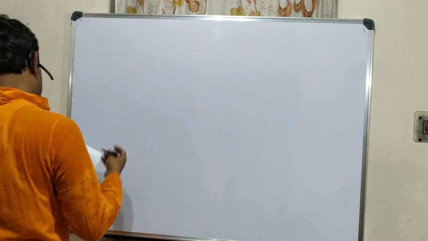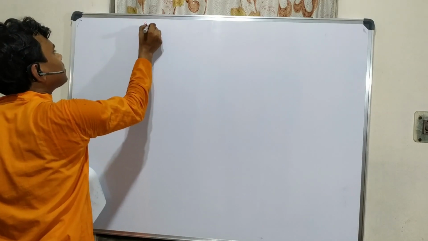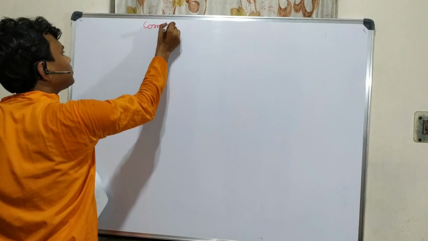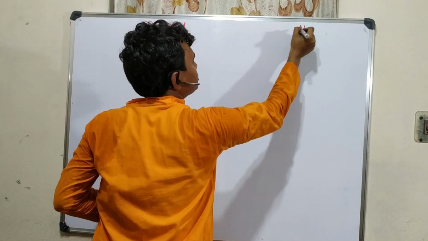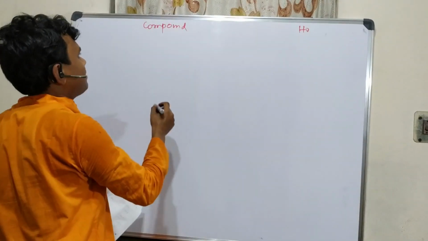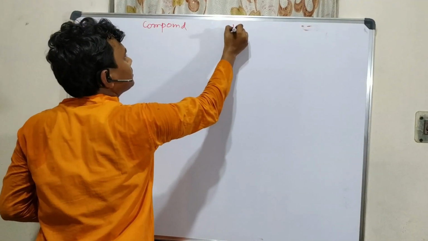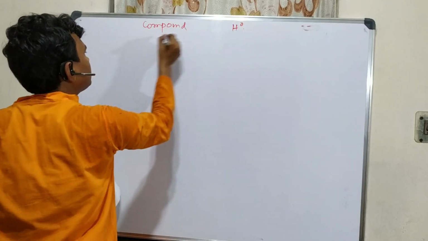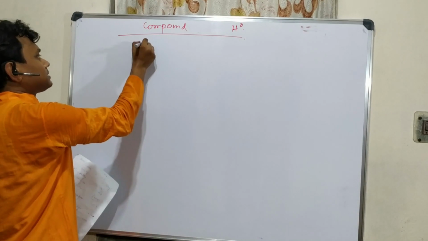Let's draw. For example, this is the compound, and this is the H0. What do I mean? The Hammett acidity function. Better to write H0 here. So let's first discuss sulfuric acid.